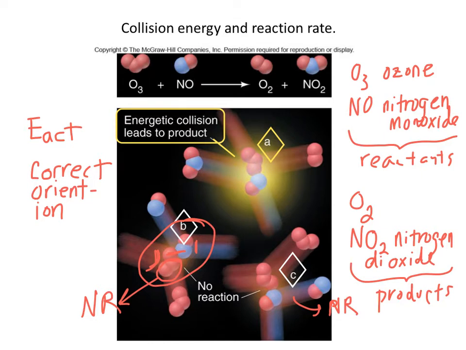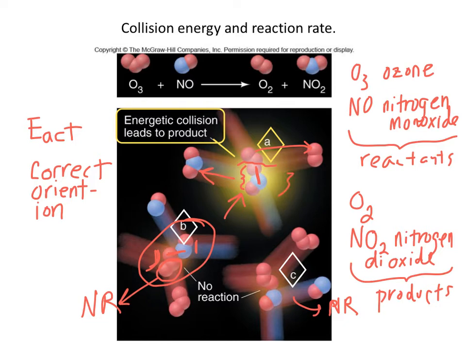And then finally, if we actually look at the perfect collision, we have a situation where this NO bond is going to be formed. This OO bond is going to break, so then the oxygen shoots off there. And then this is our NO2, which forms.